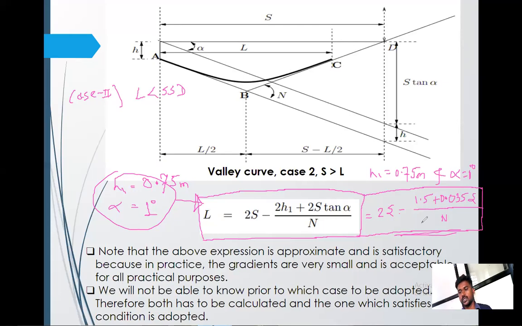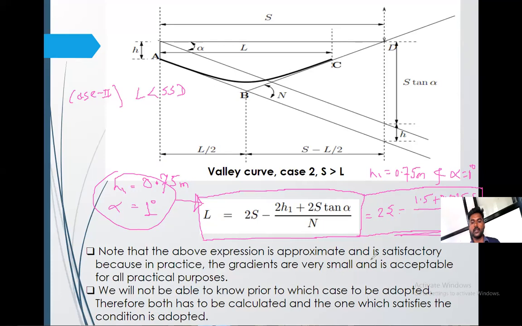Okay, so see here, there is one note. Note that the above expression is approximate and it is satisfactory because in practice the gradients are very small and it is acceptable for all practical purposes. This formula we are using only for the satisfactory condition to calculate the length.